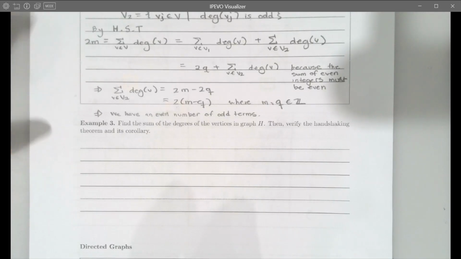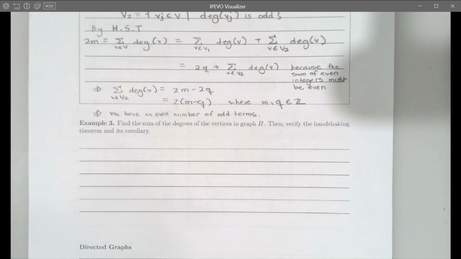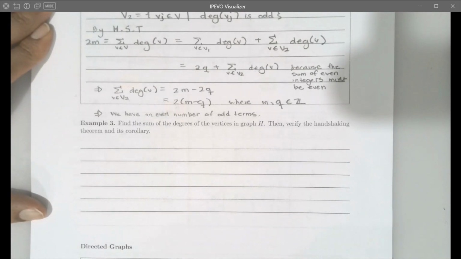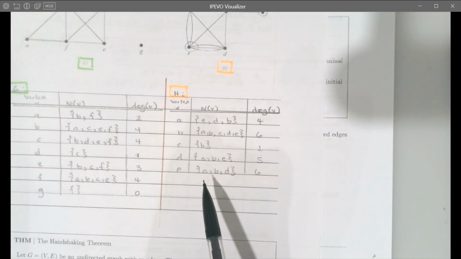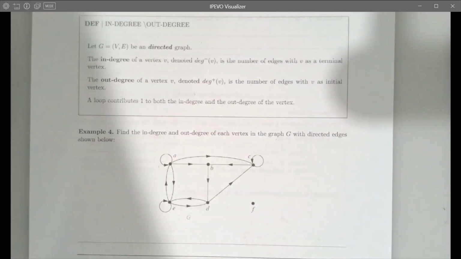We're now going to take a look at example number 3, which reads, find the sum of the degrees of the vertices in graph H, then verify the handshaking theorem and its corollary. So let's go back to graph H, which we have here in example 2, and they want us to find the sum of the degrees of the vertices.